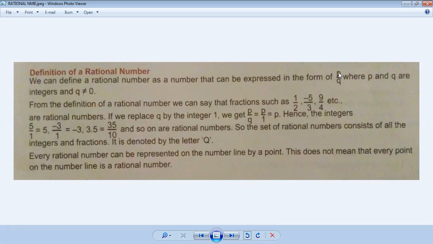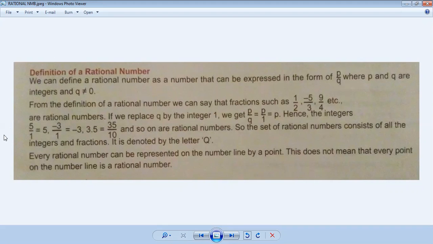They can be negative numbers or positive numbers. And the denominator should not be equal to 0. This is the basic definition of rational numbers, that they are a fraction of integers, and the denominator should not be equal to 0.